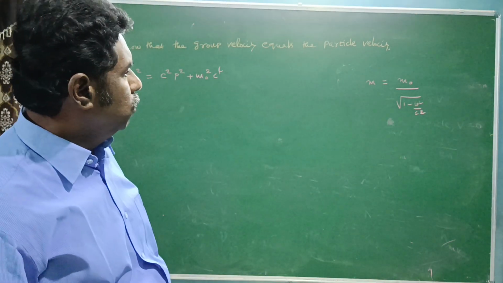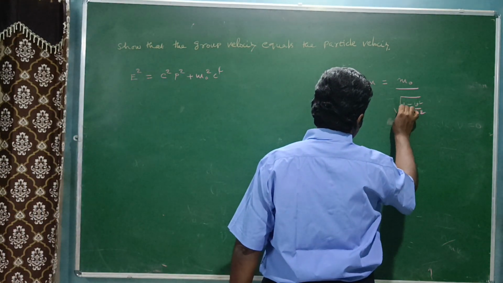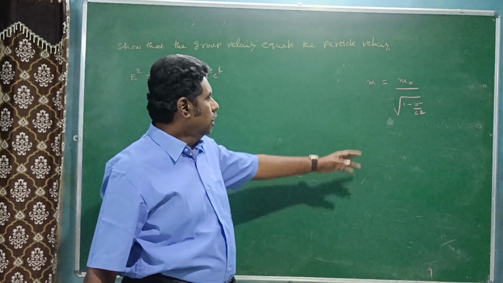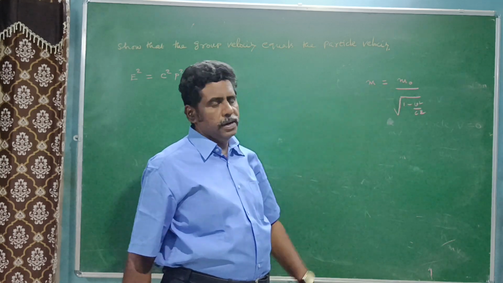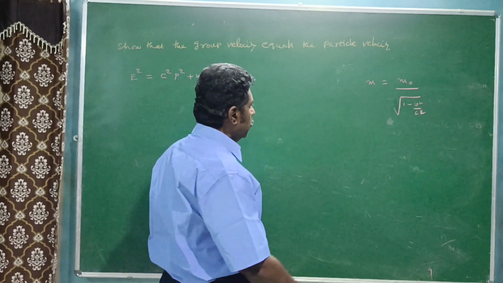Suppose a particle is moving with velocity appreciable to the velocity of light. The mass is not a constant, it is also a variable. Here m is the moving mass, m0 is the rest mass. This is a relation connecting rest mass and moving mass.